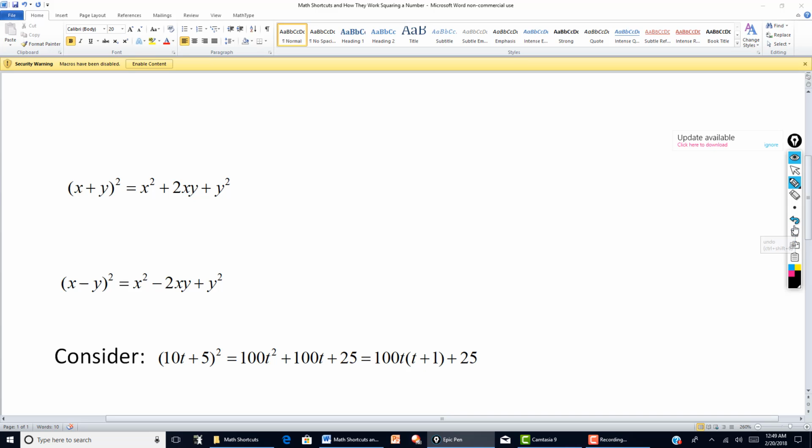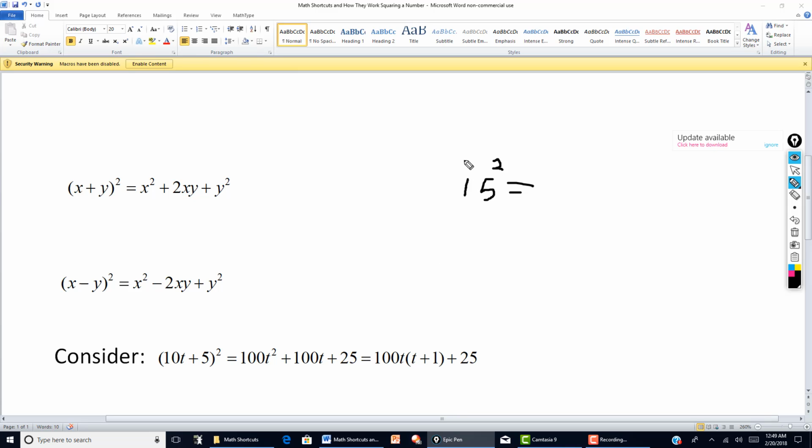So this is telling me that to square a number, you basically multiply the first digit by one more than whatever it is, and then add to that the square of 5, which is 25. So for example, if I have 15 squared, the first digit is 1, so this is saying add 1 to that first digit, in the tens place, because we're looking at 2-digit numbers.